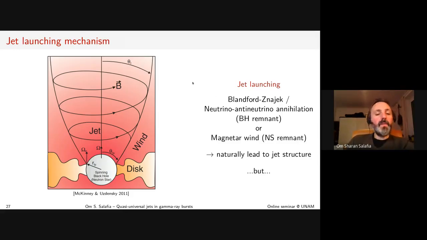Naturally, if you could measure the distribution of energy that comes out from the central engine, either a spinning black hole from which the energy is extracted by a magnetohydrodynamical mechanism such as the Blandford-Znajek mechanism, or if it is neutrino, antineutrino annihilation from neutrinos emitted by the inner disk in the funnel above or below the black hole, or even if you have a magnetar wind as the primary source of energy for the jet, in any case, you would have an angular distribution of energy that's natural.